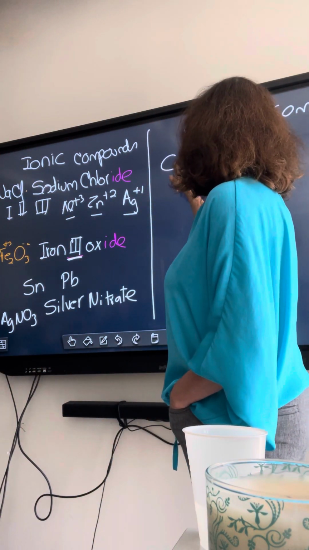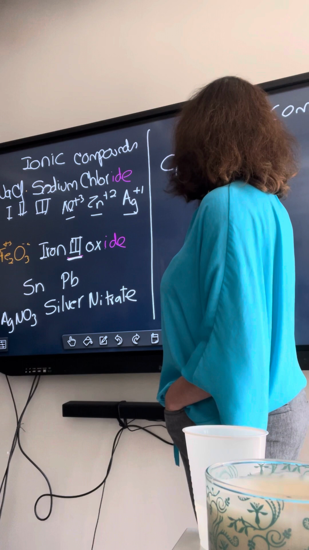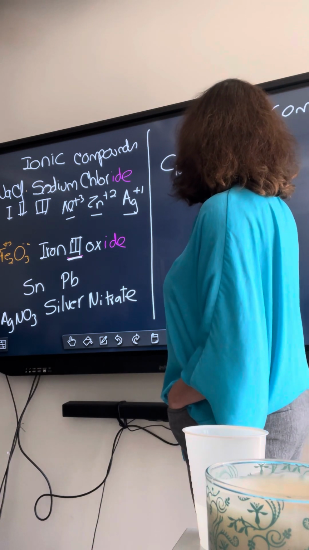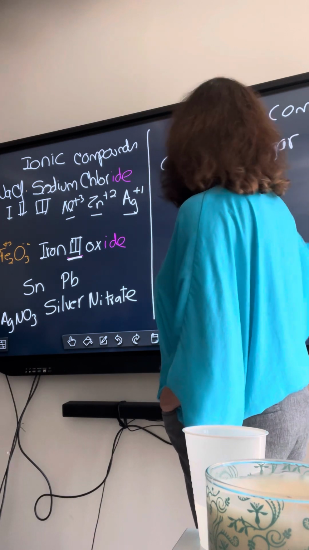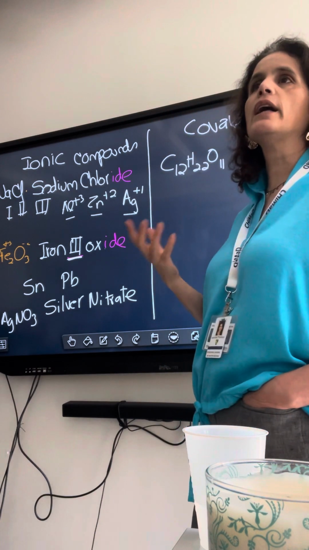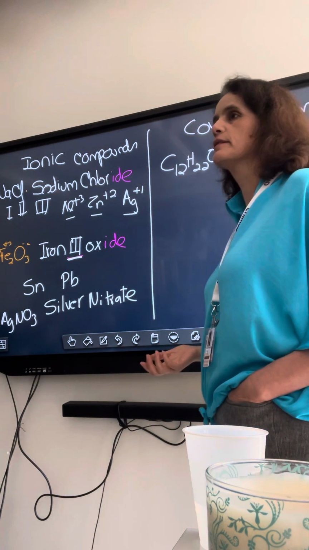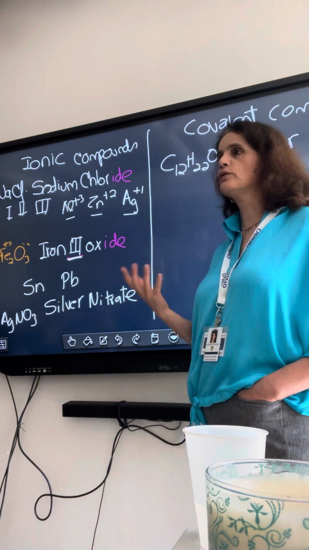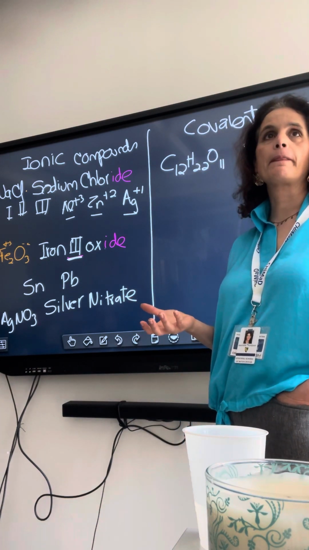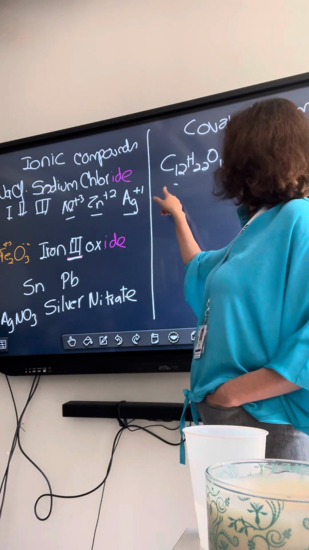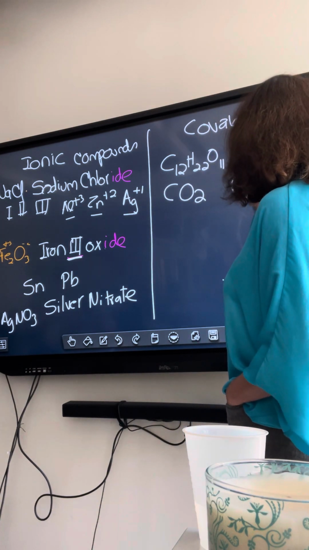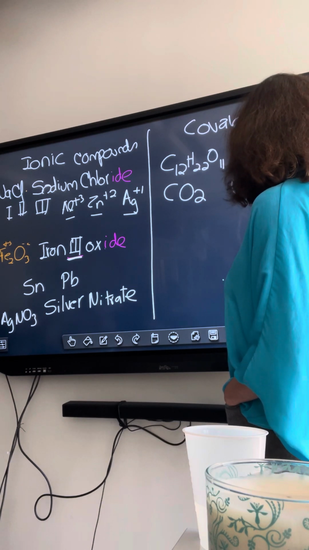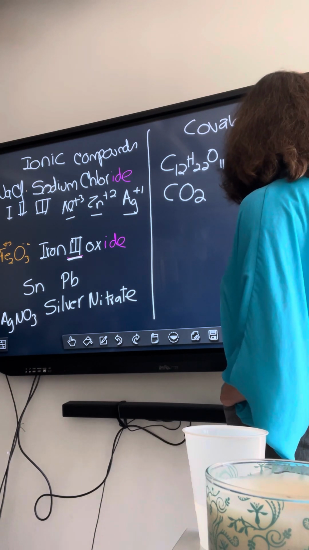So that is C. Sugar. And then we have another one that will help you more with the characteristics, that we breathe in, breathe out. Which one is it? Carbon dioxide. And that's the one that will tell me how to name carbon dioxide.